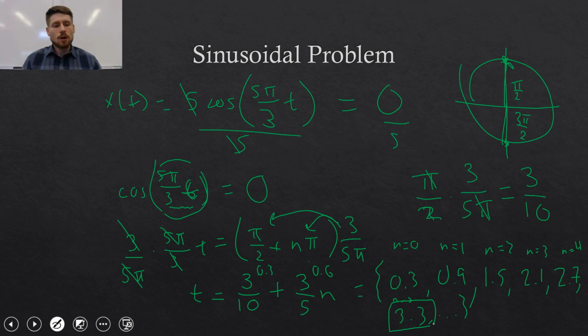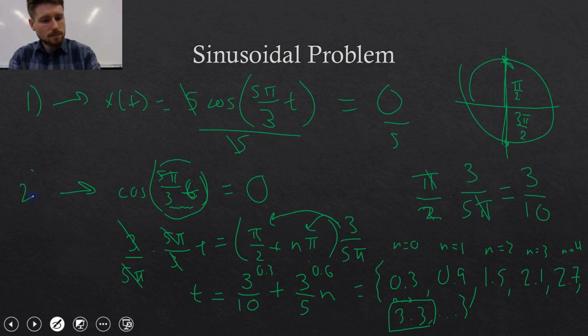Okay, so this is a lot to look at right now, but just backtrack and remember all the steps we did along the way. We set the equation to 0 because we were interested in the equilibrium point, so that was the first step. And then we divided and got cosine by itself, that was step 2.